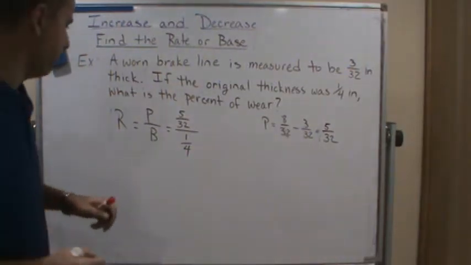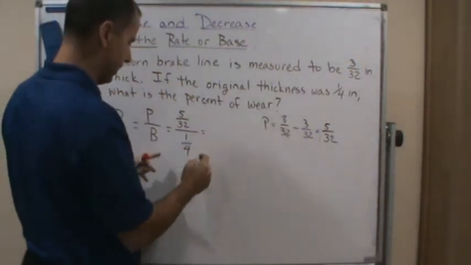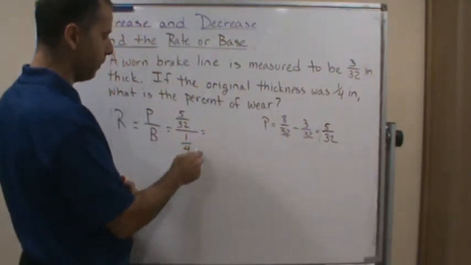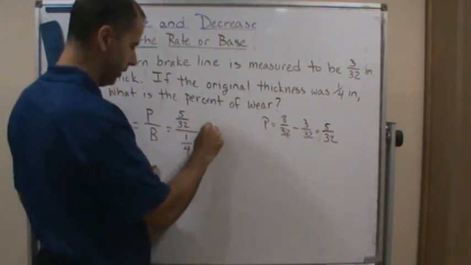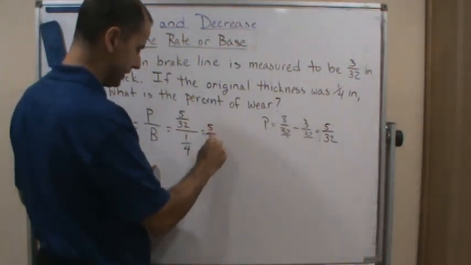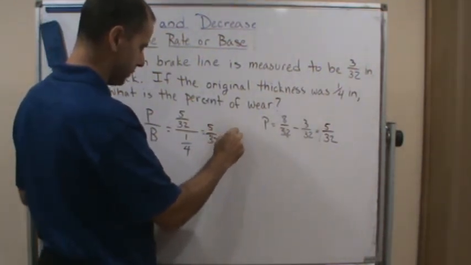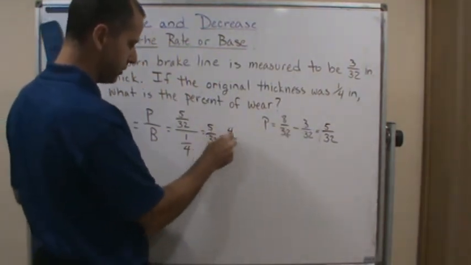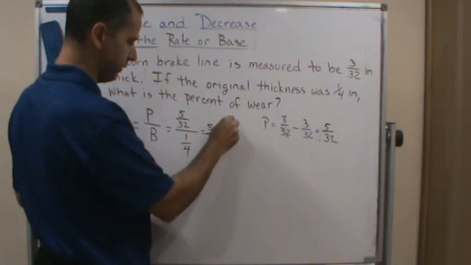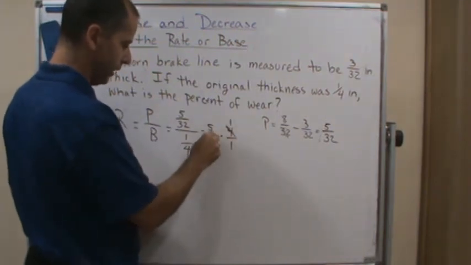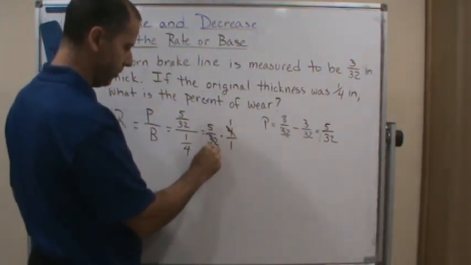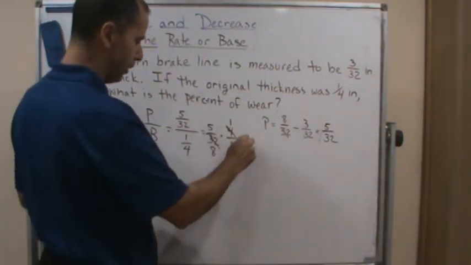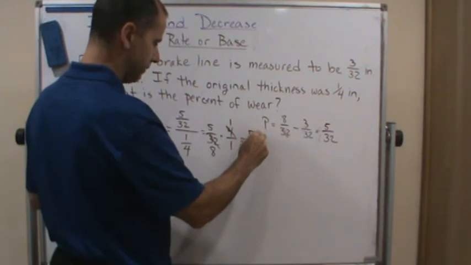I'm going to write this as multiplication, so I'm going to multiply by the reciprocal of the bottom. So I'm going to write this as 5/32 times 4 over 1. And now 4 and 32 cancel each other out: 4 goes into 4 one time, 4 goes into 32 eight times. And so now if I multiply across, I get 5/8.